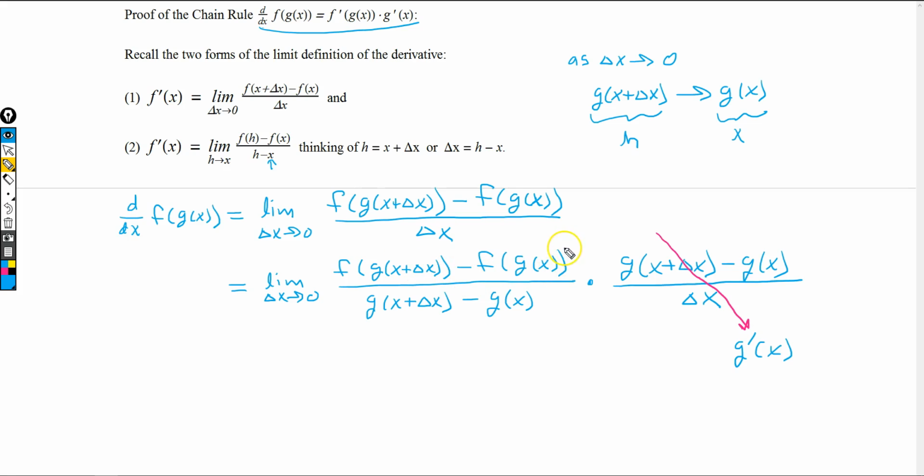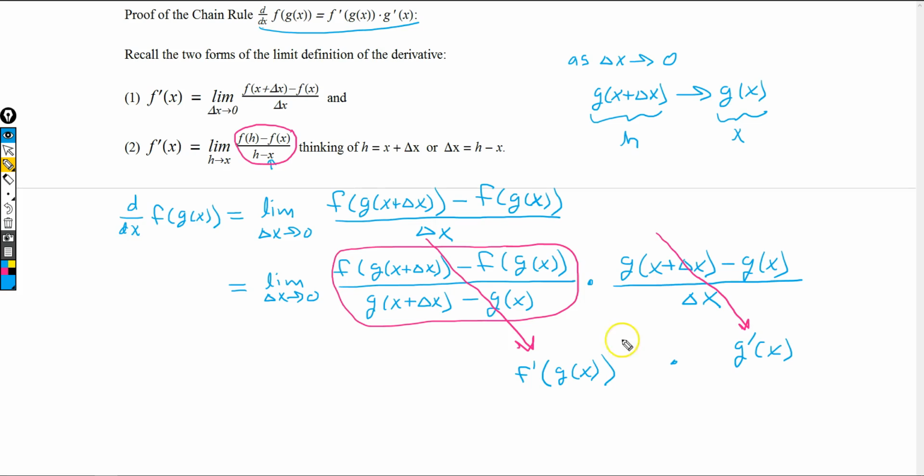And so we see that this part right here exactly matches this, if we think of the g of x plus delta x as being our h, and the x as being the g of x. And so this piece right here is approaching f prime of g of x. And so these two are being multiplied from this multiplication right here, and we get our answer. And that's exactly what we wanted. And so that is the proof of the chain rule.